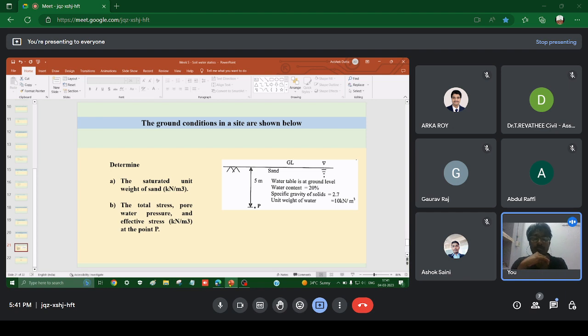The first part of the question is you have to find the saturated unit weight of sand, after which you have to calculate the total stress, the pore pressure, and the effective stress at the point P, that is 5 meter below the ground level. Okay.